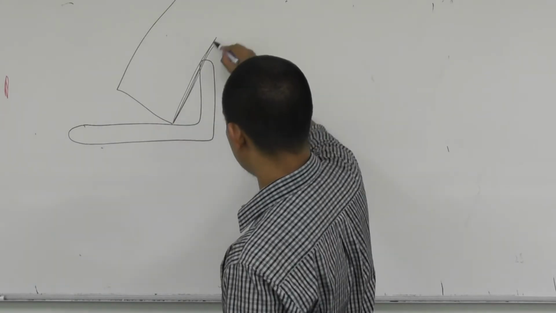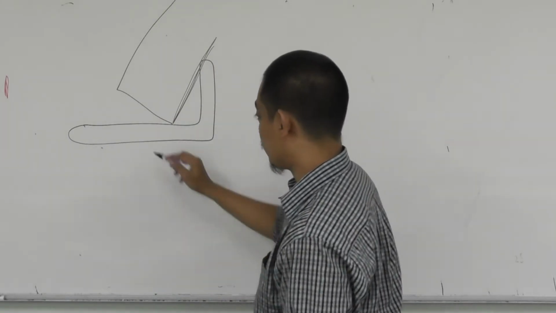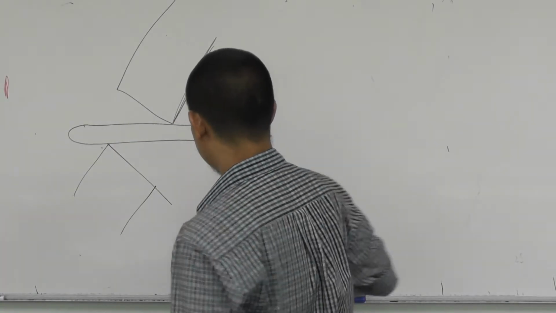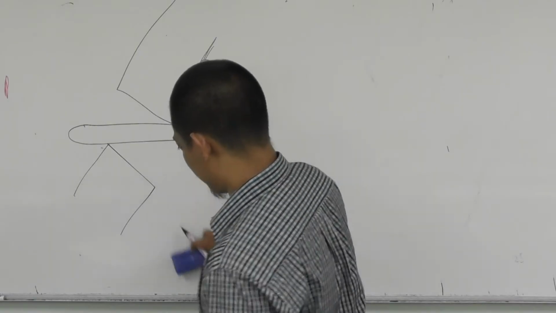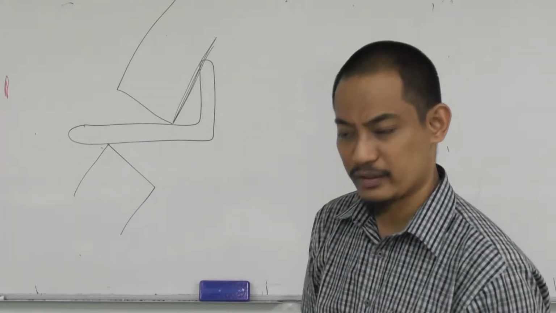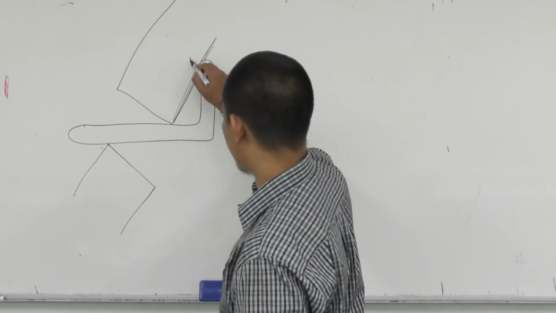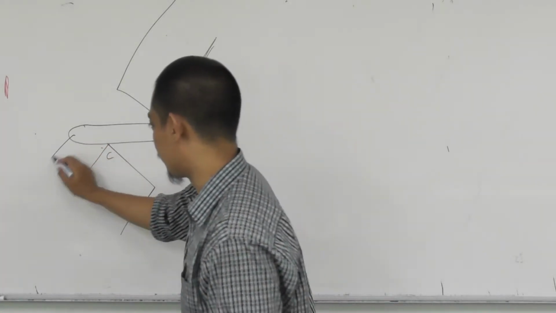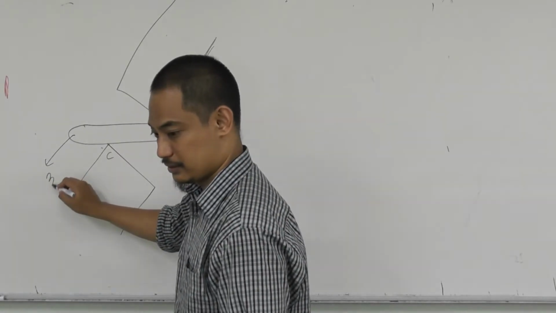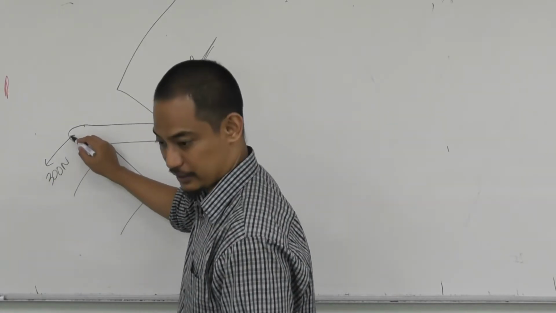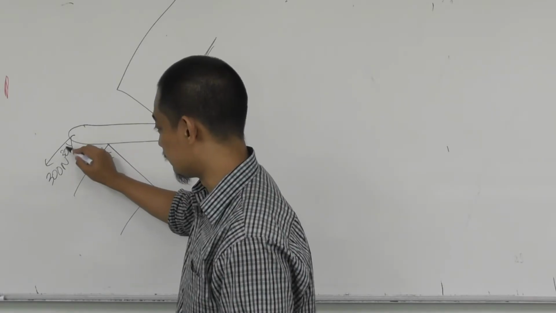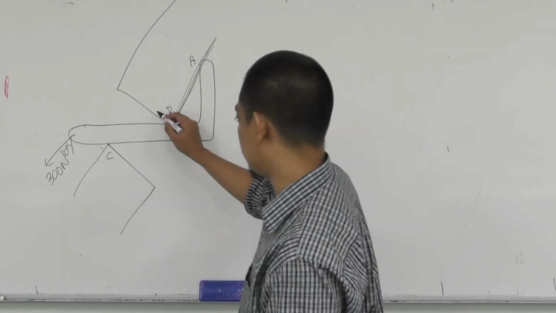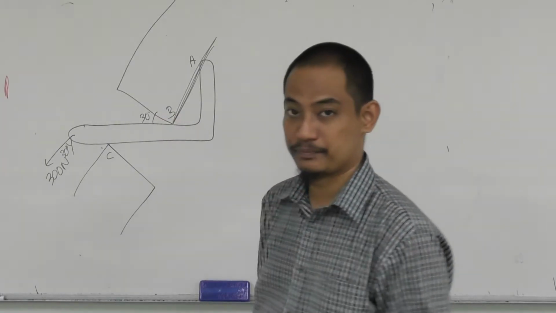So basically it touches there, and then you have something like that, right? My drawing is not that accurate, but it's basically like that. So you have point A here, point B here, point C here, and then you have the force there. That's it, 300 Newton, and then the angle is given as 30 degrees. And the angle here is also given as 30 degrees.